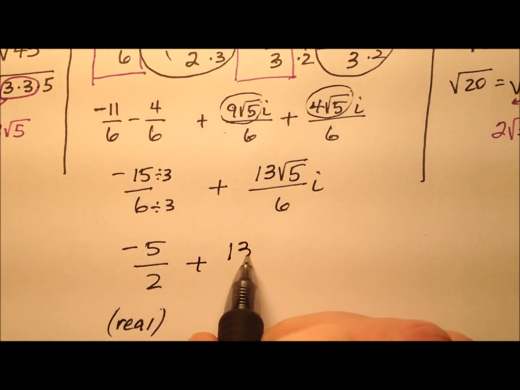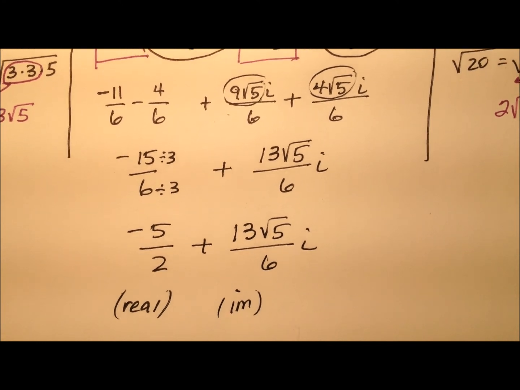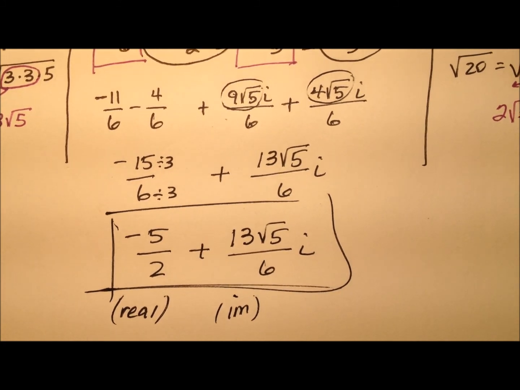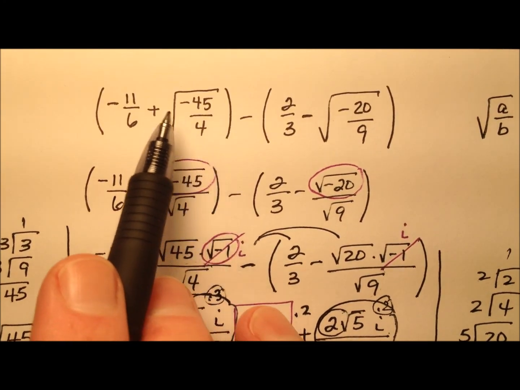So plus 13 radical 5 over 6 i, and that's our imaginary part right there. So everything is simplified. It's in a plus bi form. So that looks like the difference, and we have written it in standard form from this original problem way up here.